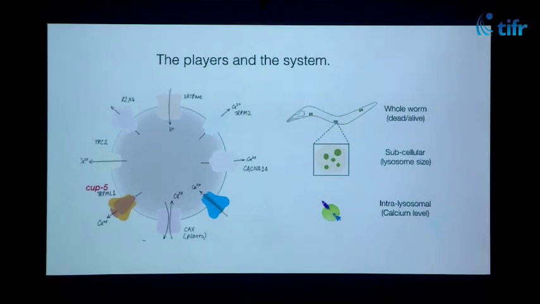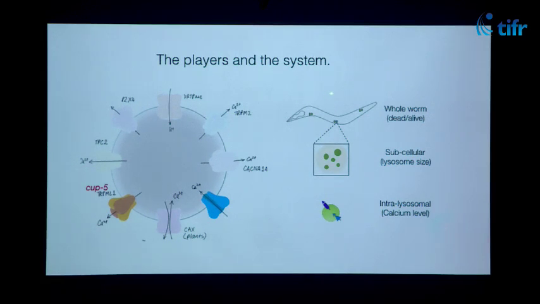Very, very well defined. And so what I'm going to show you are a series of experiments that will say that this protein CATP6, in C. elegans this is called CATP6, performs the exact opposite function of CUP5. So if CUP5 is releasing, this guy is going to be pulling in calcium.